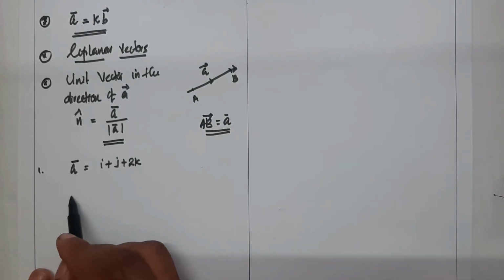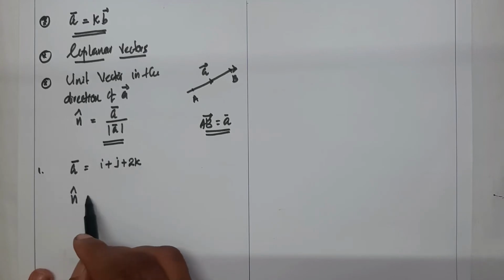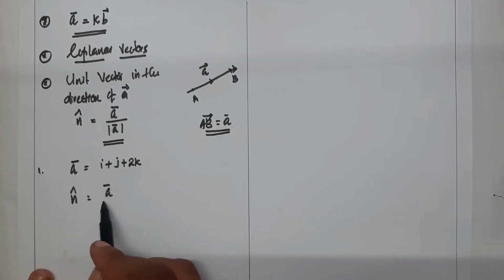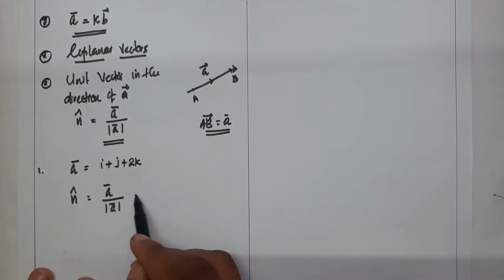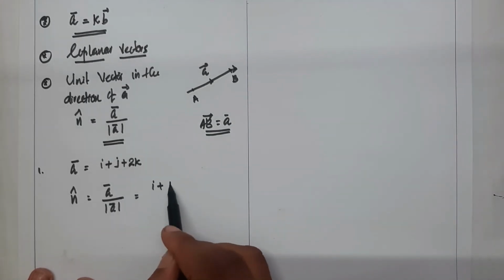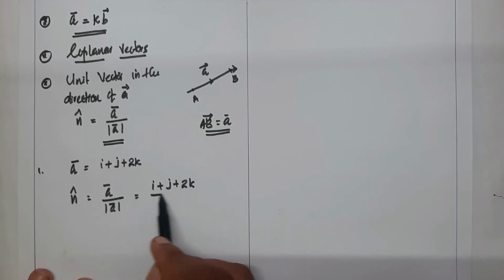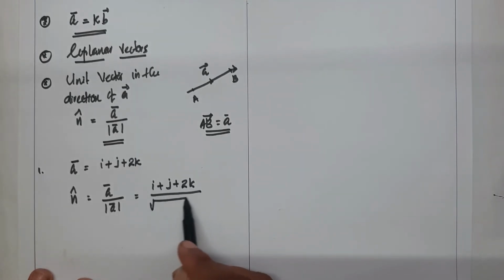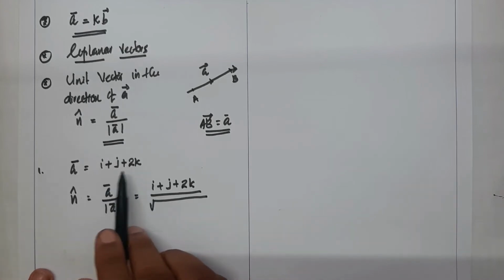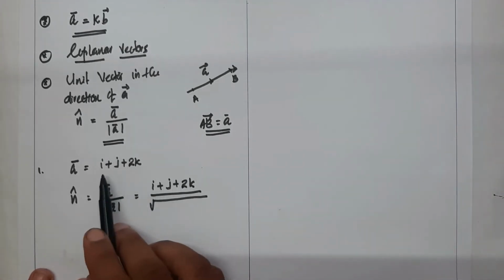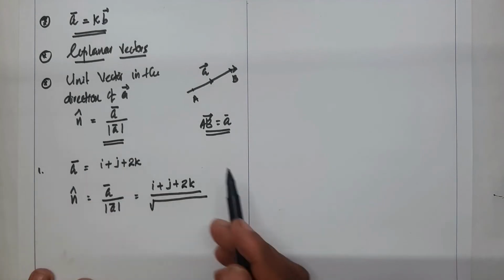You already know the unit vector formula: n cap is equal to vector A divided by modulus of vector A, which is i plus j plus 2k divided by, you know the modulus formula, the square root of the sum of the squares of the i, j, k coefficients.